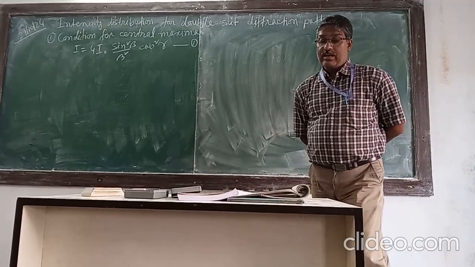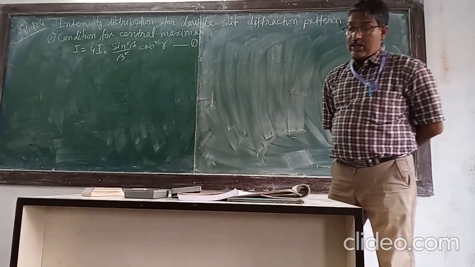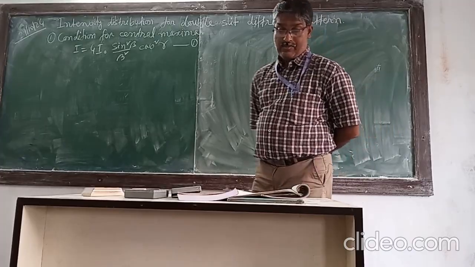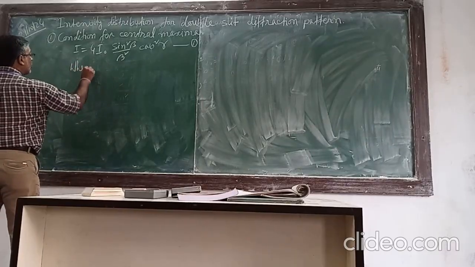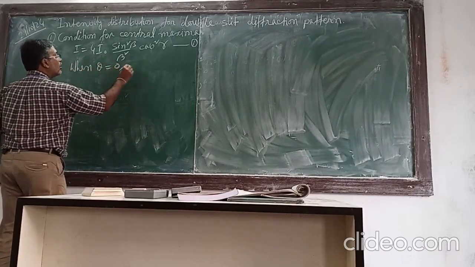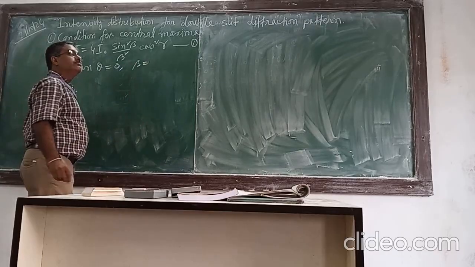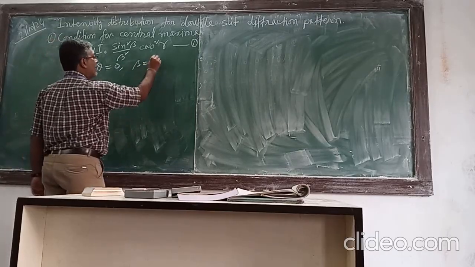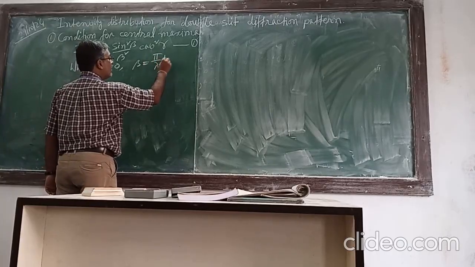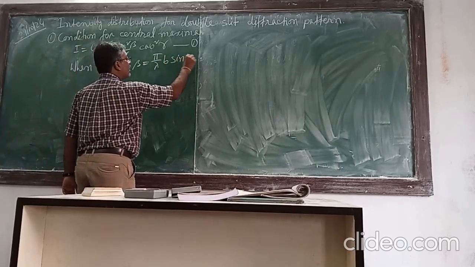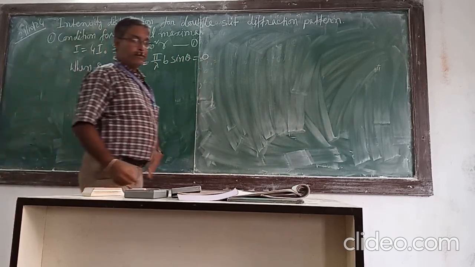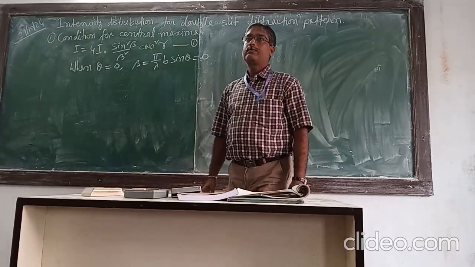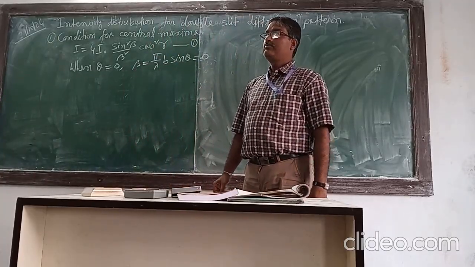When theta equals 0, then beta equals 0. What is beta? Pi by lambda b sin theta equals 0.